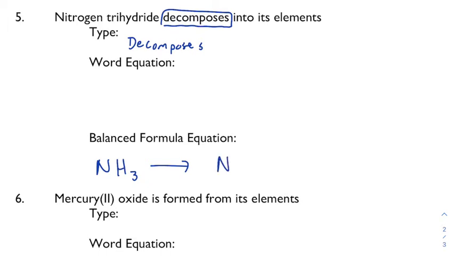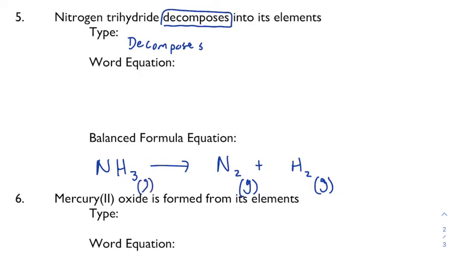And if it decomposes into its elements, it's N and H. That's all you've got. But N and H are both Haber-Finkels. So it's N2 and H2. So these are both gases. And then nitrogen trihydride we're going to identify as a gas as well.